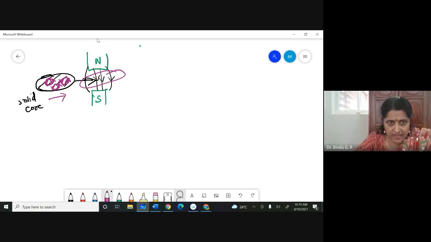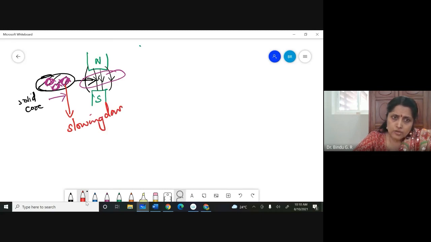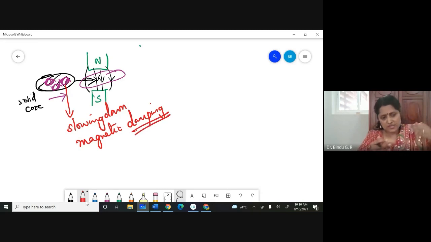Or in effect, within the magnetic field, you have something known as a slowing down, or you call it magnetic damping. Magnetic damping occurs, or magnetic braking occurs. A solid core, even if it should be a free flow.